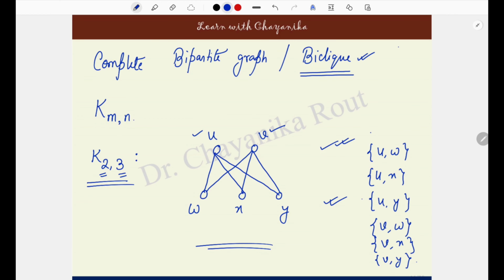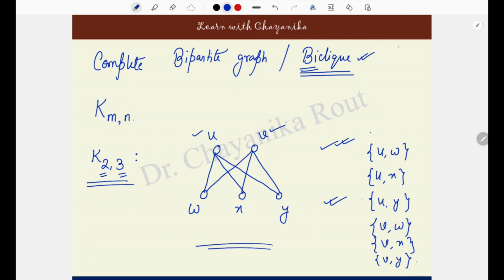You will not have any other clique of any larger size. Basically, the participating vertices of every edge will create a clique and you will have only cliques of size 2. Now this bi stands for 2. So that is the reason we call a complete bipartite graph biclique, because here every clique is of size 2 only.